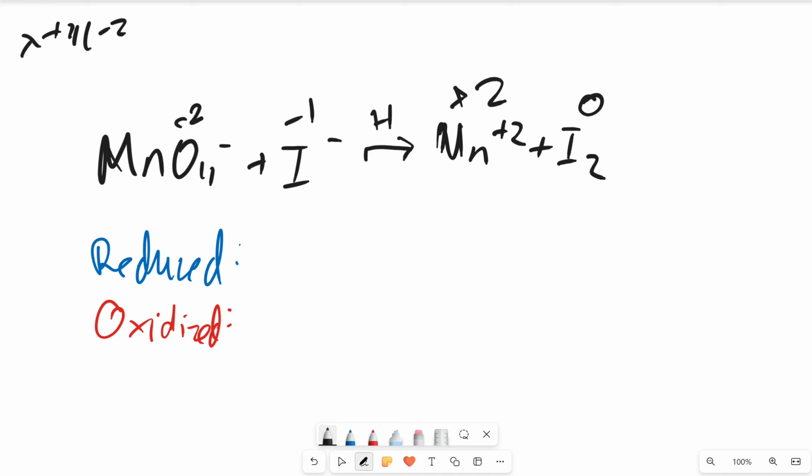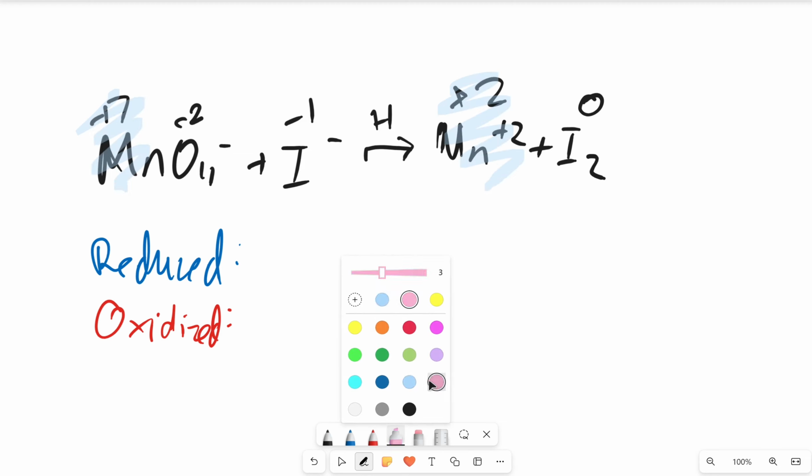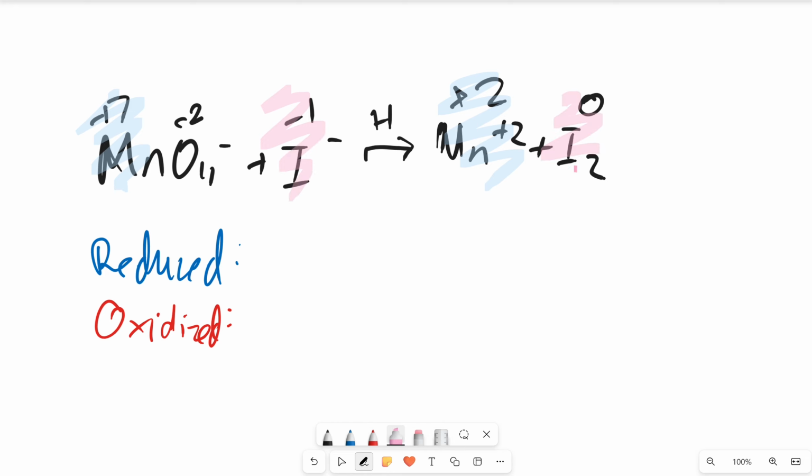X plus 4 times -2 equals -1, so manganese is going to be +7. Now let's consider what's changing. Oxygen is gone, so we completely disregard it. That leaves manganese and iodine. Manganese is going from +7 to +2.